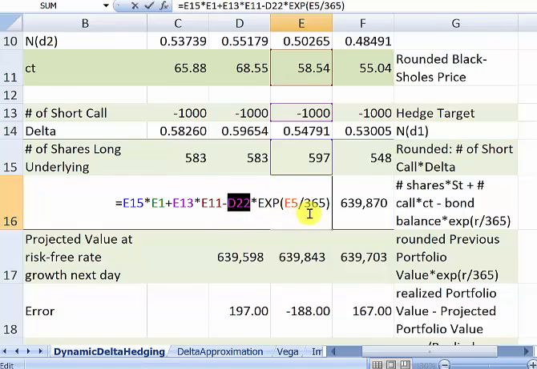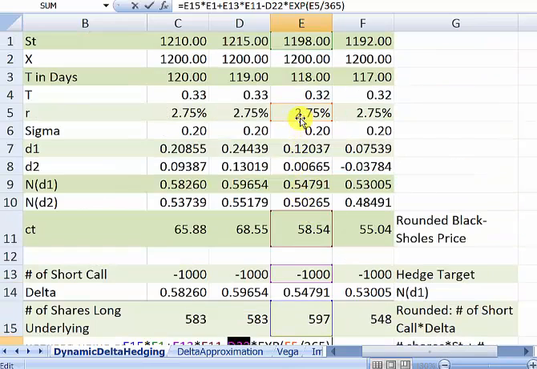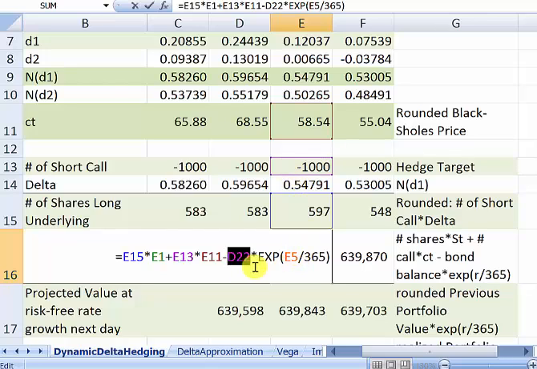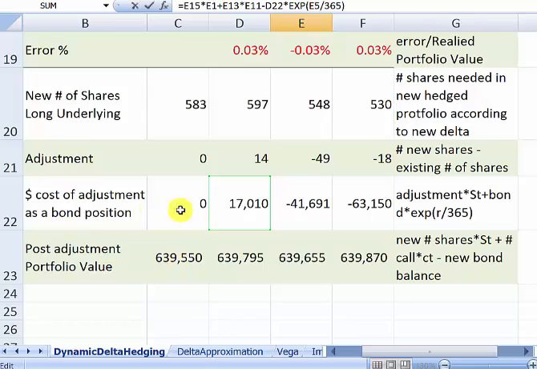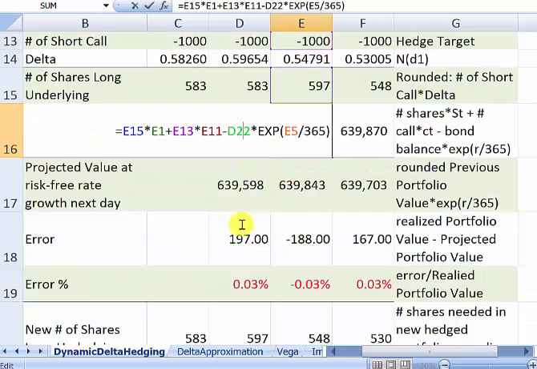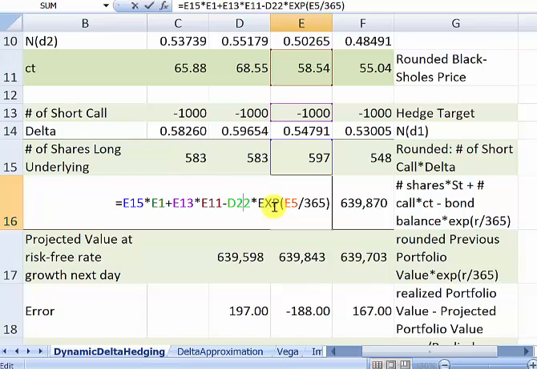we have accumulated that evolves at the risk-free rate. E5 is the orange risk-free rate, right? D22 we know that here the green cell is the bond position. That's our liability. So the first term is asset, the second term is liability. We know that we written the call, and the bond position itself is a liability.